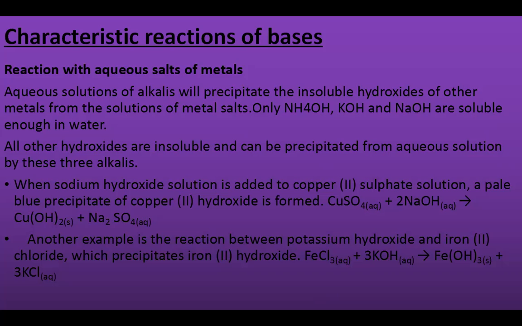The other example is the reaction between potassium hydroxide and iron(III) chloride, which precipitates iron(III) hydroxide: iron chloride plus potassium hydroxide gives iron(III) hydroxide plus potassium chloride. These are just a few examples of the reactions of these hydroxides, the bases, with aqueous salts of metals.